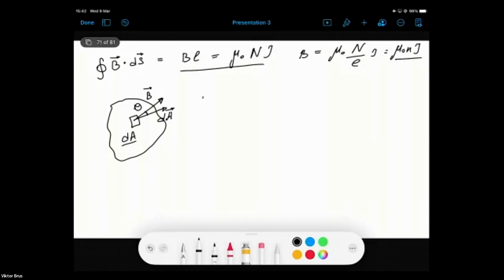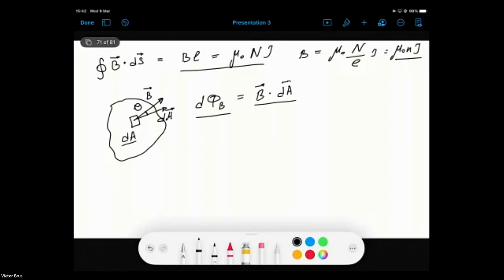So dFB equals B vector dot product with dA vector. It will be a scalar quantity, obviously, because we have the dot product of two vectors.